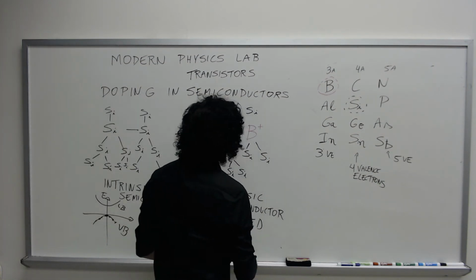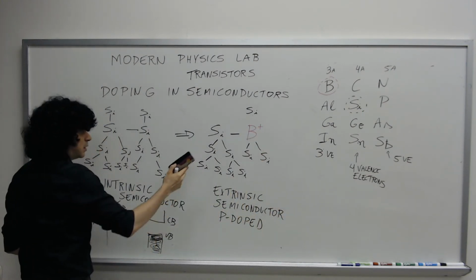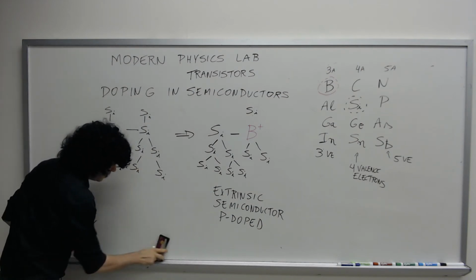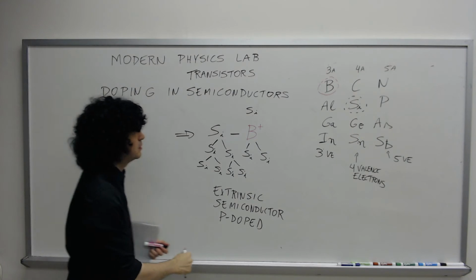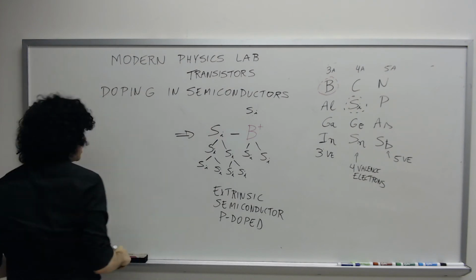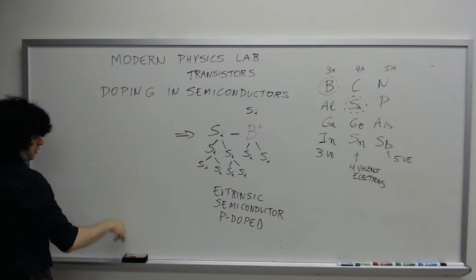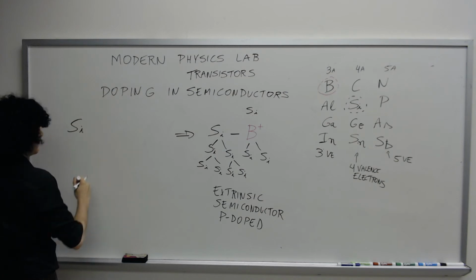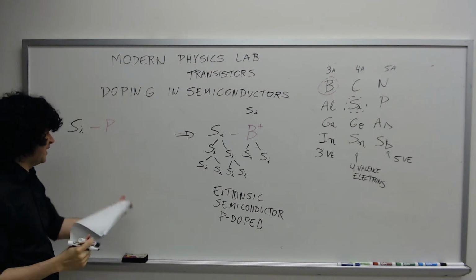So instead of replacing by boron, you can also replace it by another element from this group here, which has 5 valence electrons. So let's replace it by phosphorus. Now we have silicon, and now we have P, which stands for phosphorus, not for P doped.